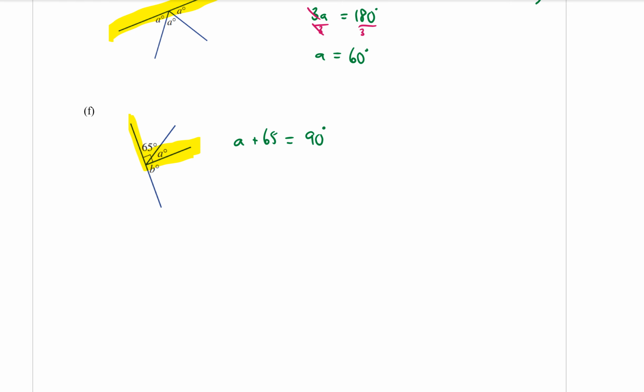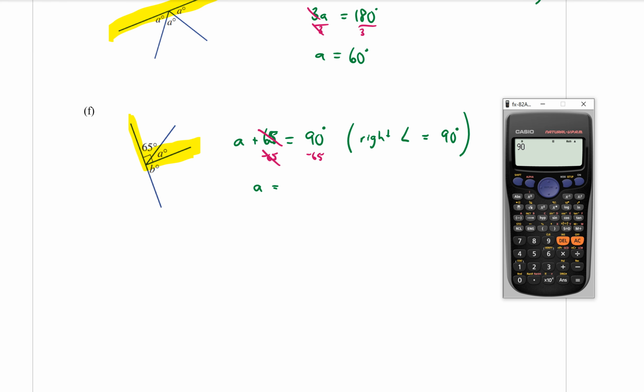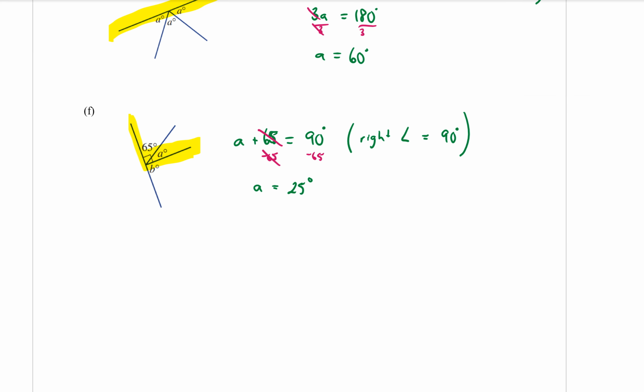Okay, it's a bit of a change. It's not a straight angle this time. So our right angle rule is right angle equals 90 degrees. Then I want to get rid of that 65, subtract the 65 away. And that means that A is equal to 90 minus the 65, which is 25 degrees.